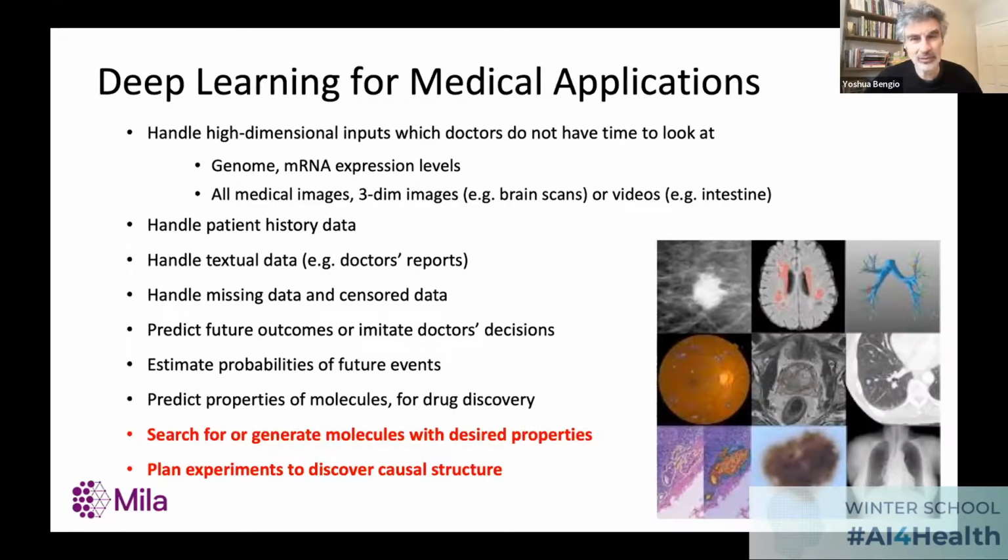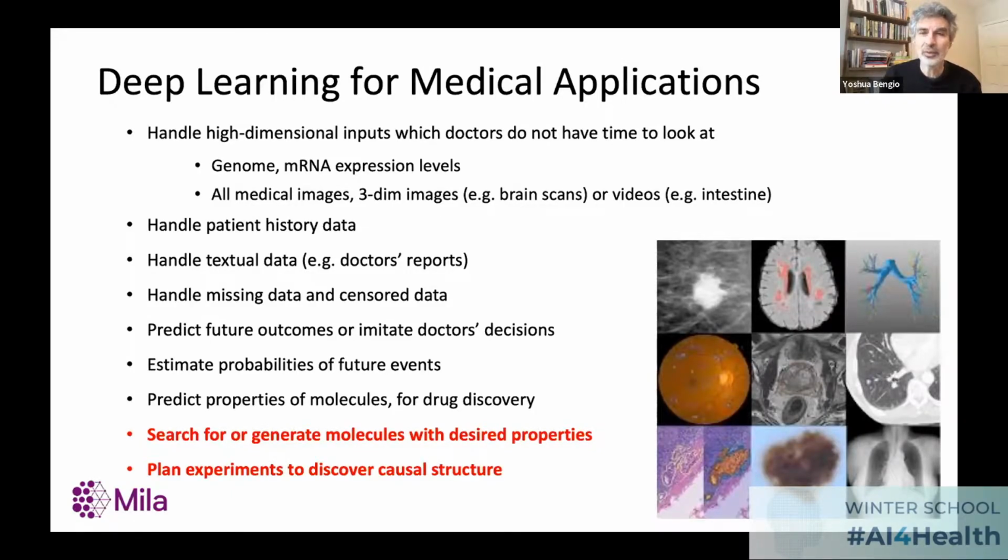This is probably the place where it's been most developed, or it's very high dimensional because it's things like genome, RNA expression levels, a lot of data about a patient history. And now with deep learning, we have methods that can process these kinds of high dimensional data, but also sequential structure, textual data, missing data, censored data. And typically we would use these methods to make predictions, estimate probabilities for future events, predict properties of molecules, for example, in the case of drug discovery.